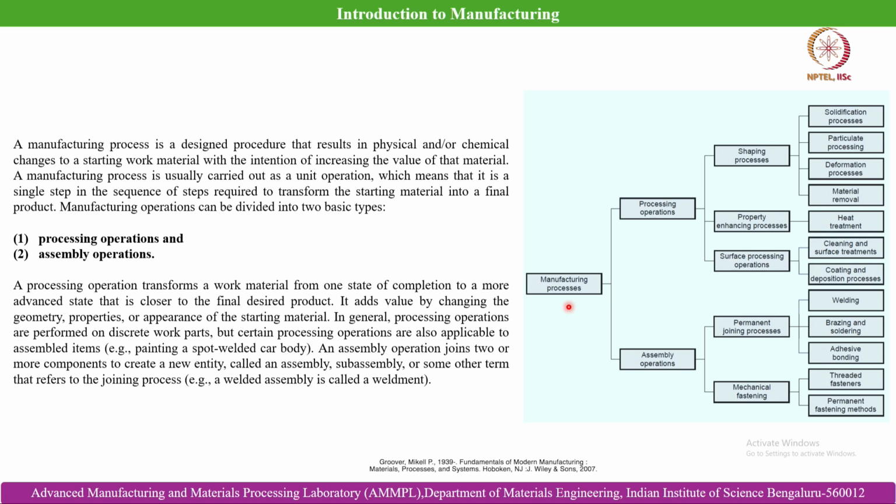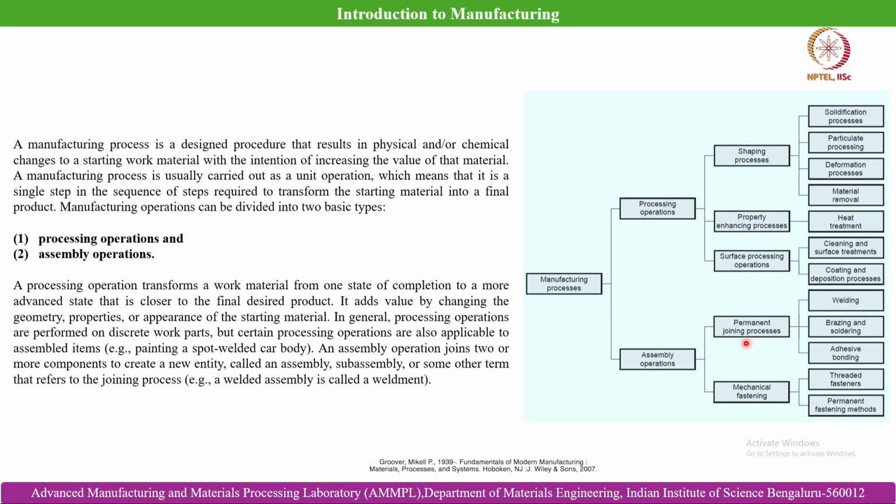In the case of assembly operations, we can differentiate permanent joining processes, as you can see over here, and also mechanical fastening. Permanent joining includes welding, brazing, adhesive bonding, etc. In our daily life you might have seen several examples of welding and brazing.